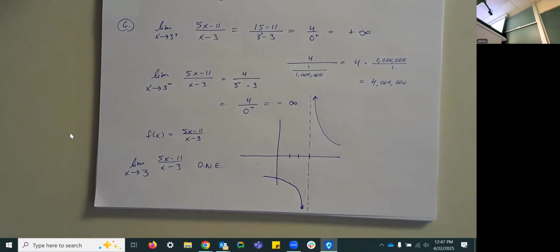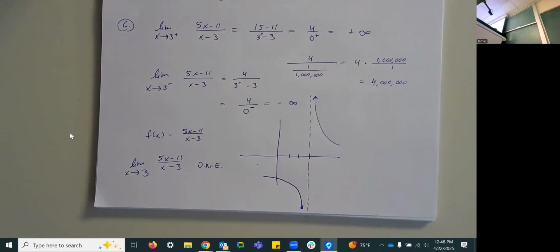So I should point out, technically all of these limits don't exist. That first limit, we're saying it's infinity, but that means the function's getting larger and larger as x gets closer and closer to 3 from the right-hand side. But that means the limit doesn't exist, right? That function is not getting close to one specific number, just growing.